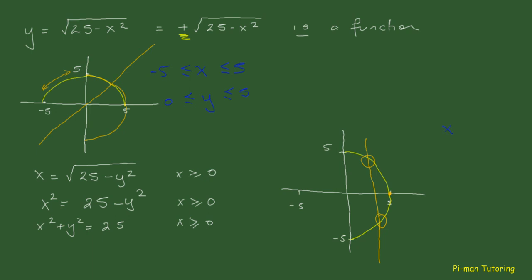So the x values lie between 5 and 0, and it's the y values now that range between 5 and negative 5. So remember, when you do the inverse of a function, the range and domain swap places.